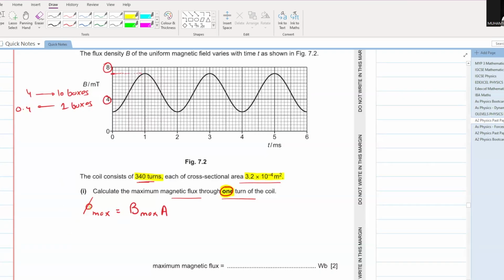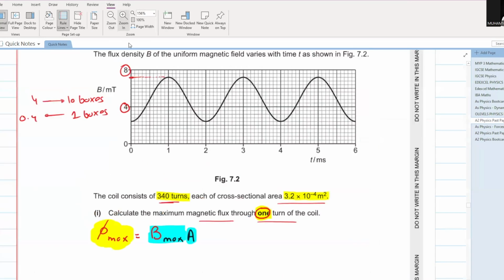So you will take the maximum magnetic flux density and multiply it with the area. And since you have to calculate the maximum flux through one coil, you will not multiply by the number of coils here. What is the maximum flux here?